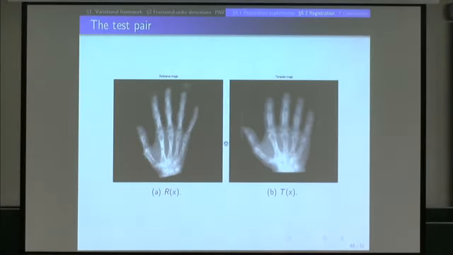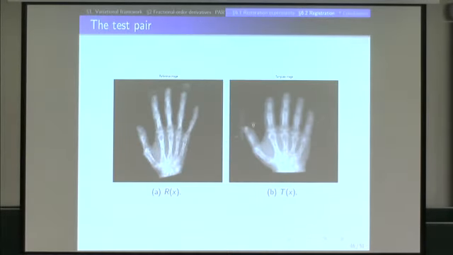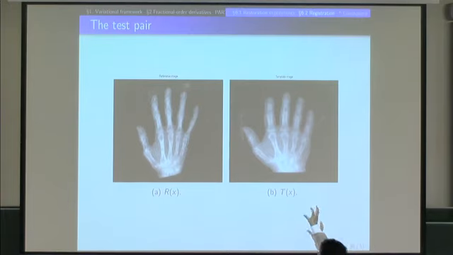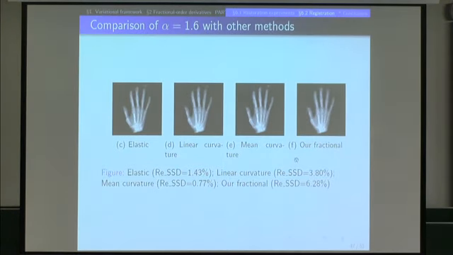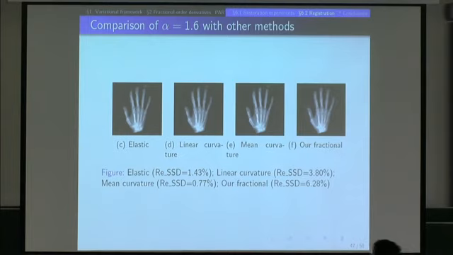Okay. So I just got this simple image to show you. Here I have a slim hand, and this is a bit fat one, and you want to shrink the fat one into the slim one to see how the deformation is found by different methods. Here again, I use alpha equal to 1.6. You compare with the elastic model, a linear curvature, a mean curvature, and this fractional one.